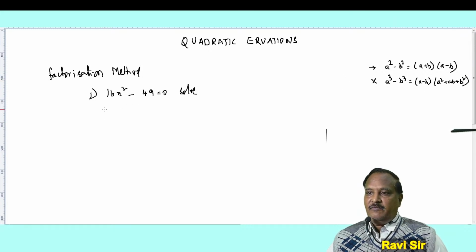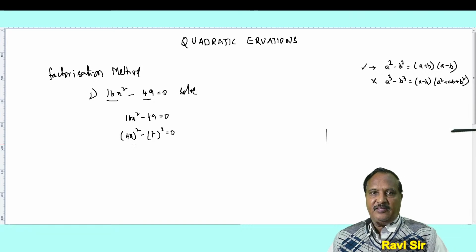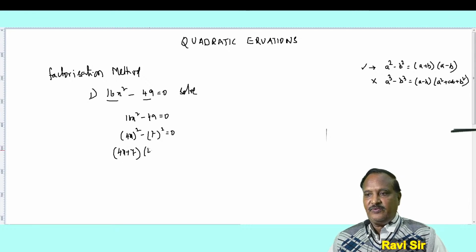Now because this has squares, we should use the first formula. Take the equation 16x square minus 49 is equal to 0, and put the left hand side in the a square minus b square formula. So 4x whole square minus 7 square, with a as 4x and b as 7, is equal to (4x plus 7) into (4x minus 7) is equal to 0.